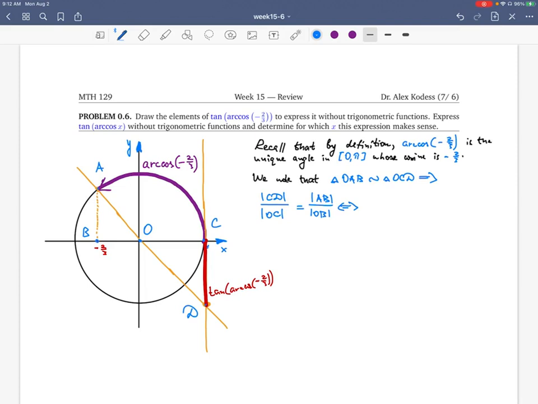which means that, what is the length of the segment CD? Well, length of the segment CD is the absolute value of this number, because this number is negative, as we see from the picture. The length of CD will be negative. Tangent of arc cosine of negative 2/3.